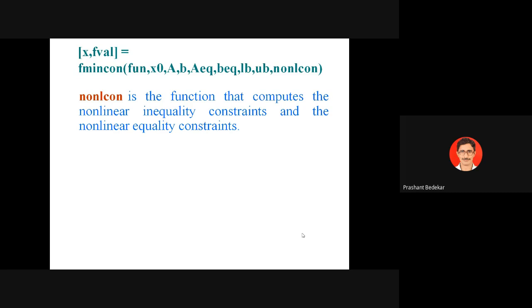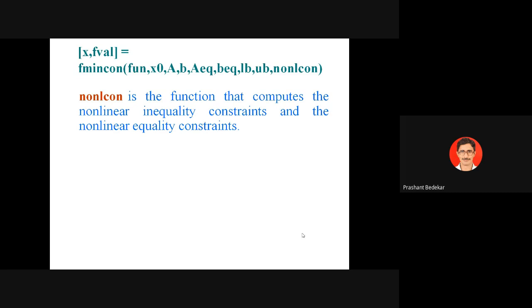After understanding the method, they apply the method and get the solution. And then they solve the same problem using fmincon, and they get the result. They compare the results and then say that the results are exactly the same. Something like that is the conclusion, and then from the conclusion they derive something.